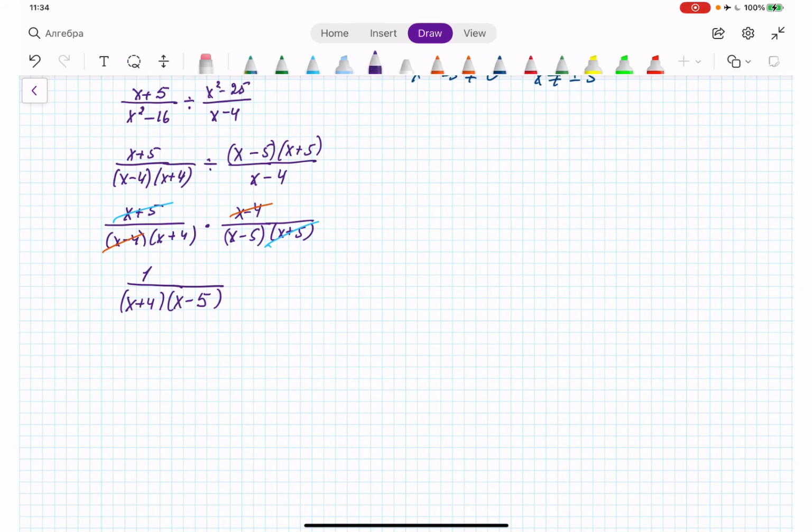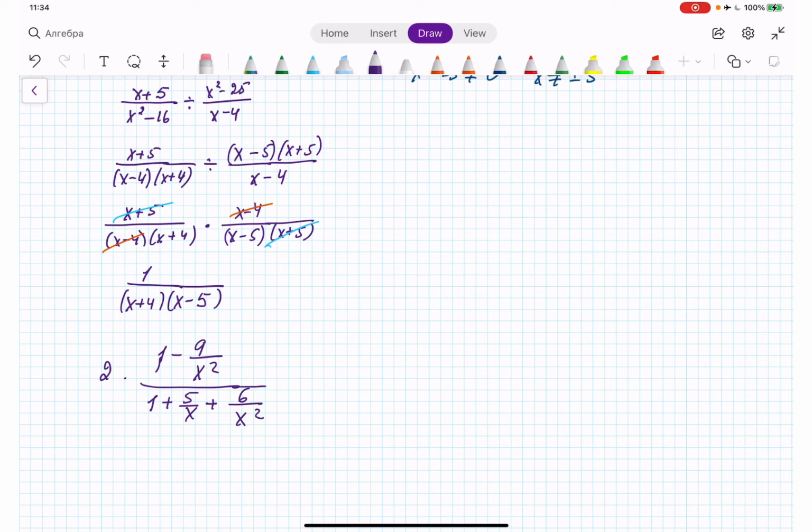Question number 2. We have 1 minus 9 over x squared, over 1 plus 5 over x plus 6 over x squared.